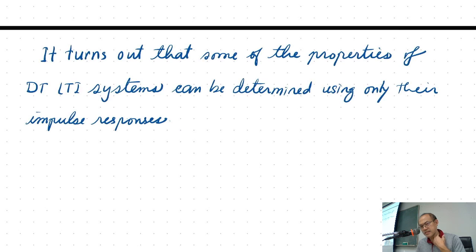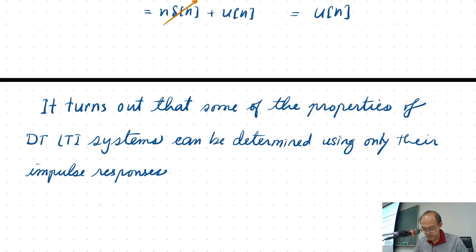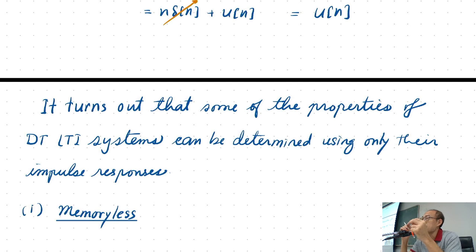Okay, those properties are first memoryless properties. You can determine whether an LTI system is memoryless by looking at the impulse response.